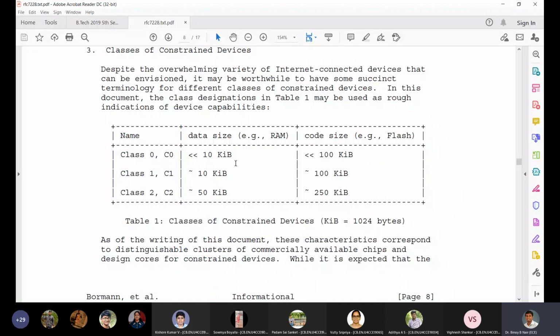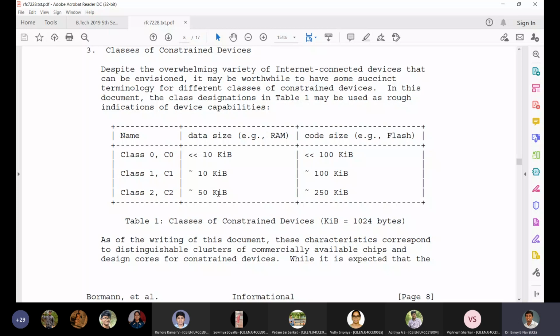Class 0: less than 10 KB of RAM and less than 100 KB of flash storage. A lot of your small boards will be like this; the NodeMCUs and all those things will be class 0. Class 1 has around 10 KB of RAM and approximately 100 KB of flash, roughly something like the MSP432.